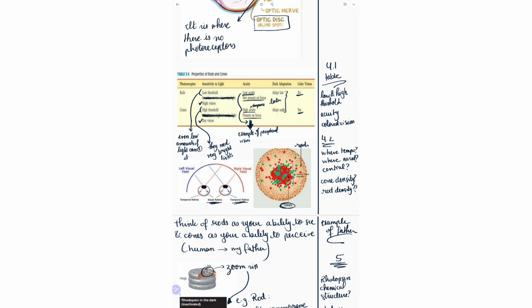Now, rods are not present on the fovea, and cones are present on the fovea, of course, as we said before, because the fovea is for visual sharpness. I'm going to explain these later. So, color vision, of course not for rods, and for cones, of course, yes.